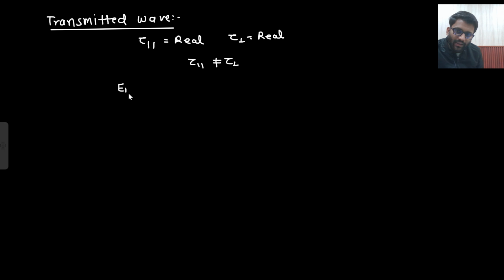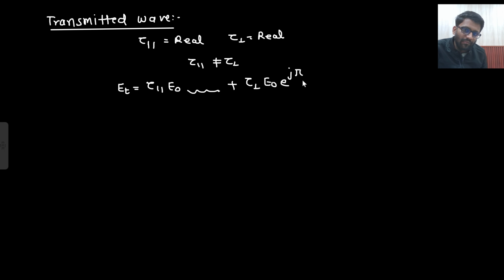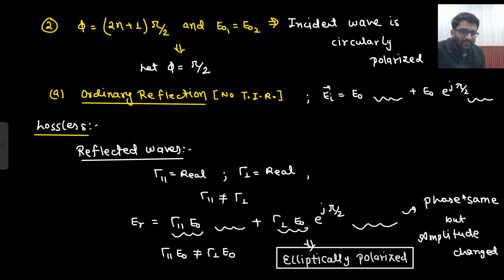So if I write down my transmitted electric field, what would that be? E naught, don't care. Tau perpendicular, E naught, don't care. Sorry, here phase is also there, no? Rest don't care. If both are real, they do not have the phase. So phase is not disturbed. Phase difference same.